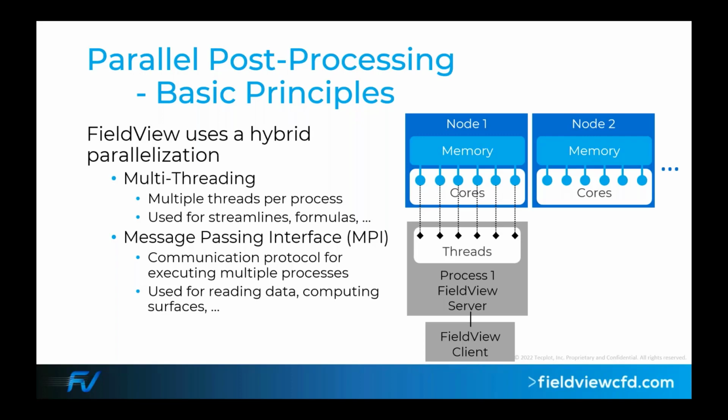In such a case, we are still able to use all the threads for some of the operations that FieldView does, such as computing formulas like gradients or Q-criterion, which can be CPU intensive. We use threads for spinning up streamlines computation as well, and other operations like that.